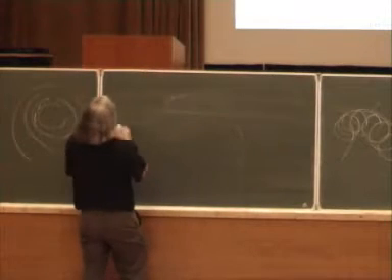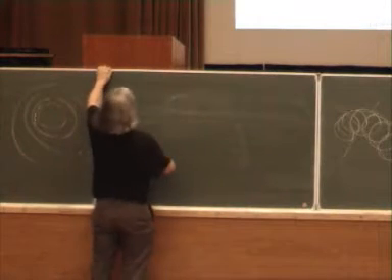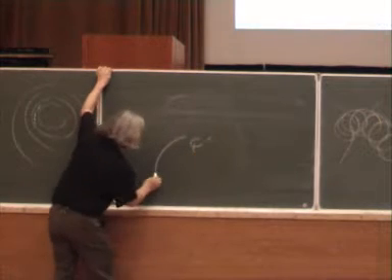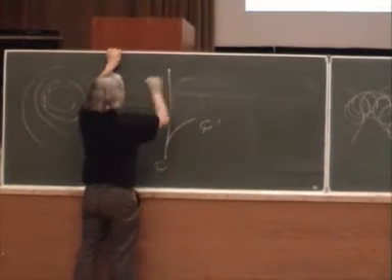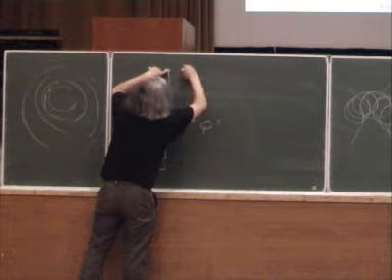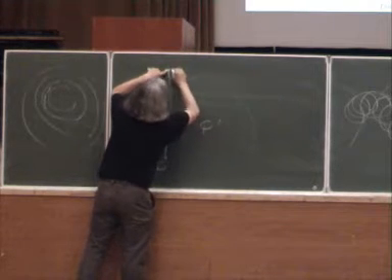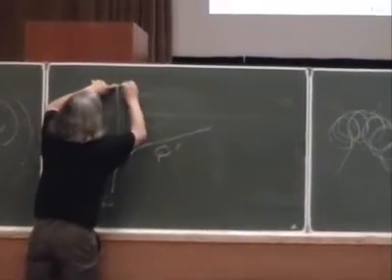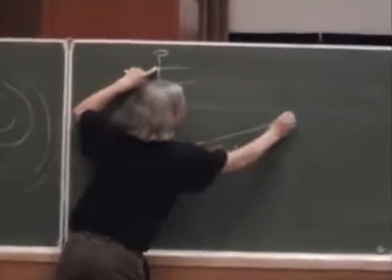So you take this Q prime, you take a string, and you fold it like that, and the end of the string will follow the curve P prime.